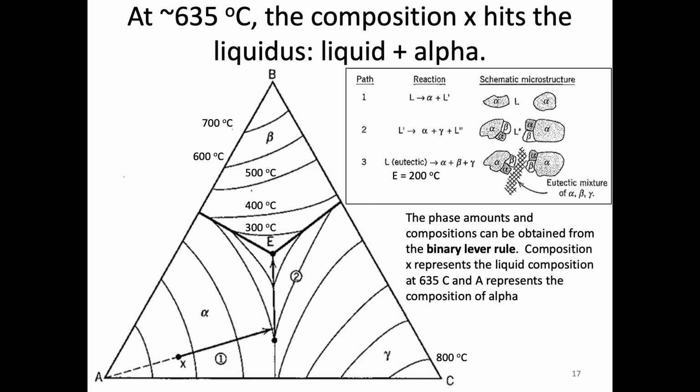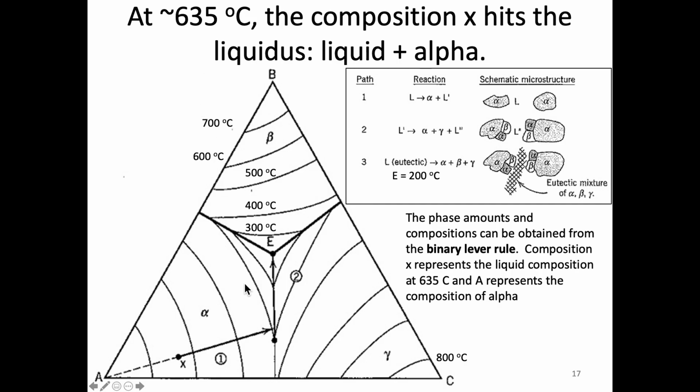At 635, this composition hits the liquidus surface. By definition, I would start to form a solid, and that solid is denoted by the primary phase field. In this case, alpha, because I'm in the primary phase field for alpha. So I should start to get alpha when I hit the liquidus, at a temperature of 635.